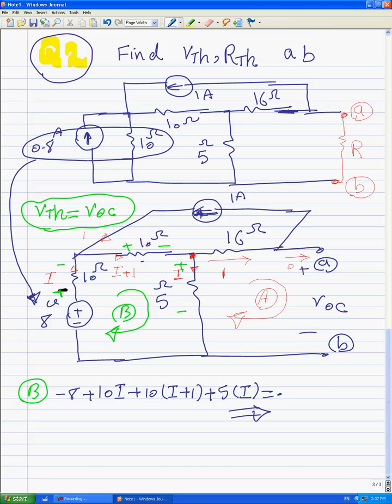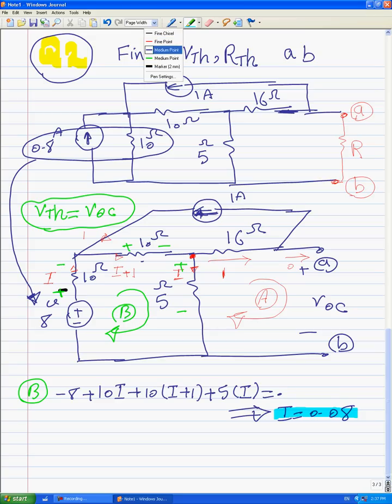That's why we can find I. I is equal to 0.08. This is a mandatory part before we apply KVL in loop A.